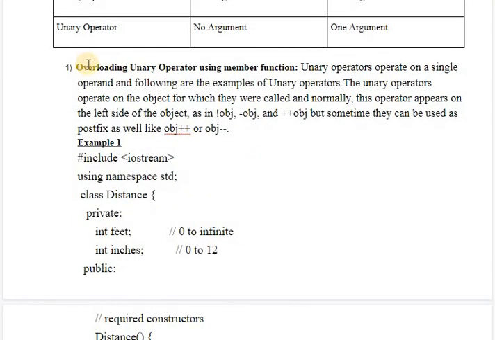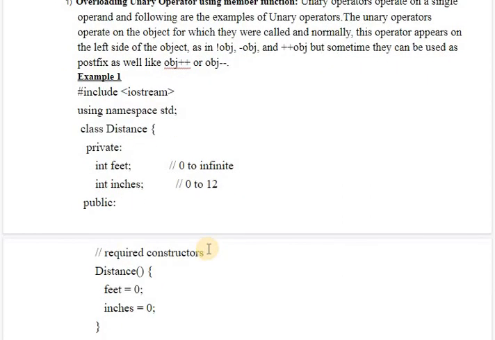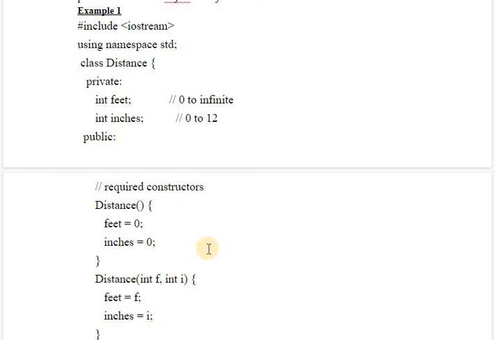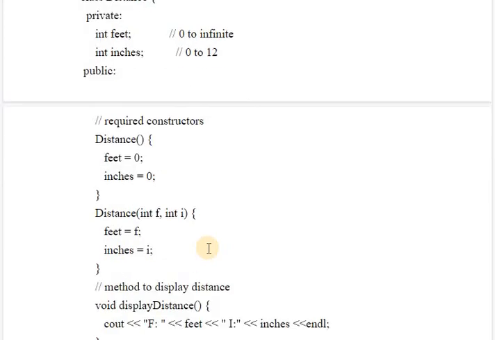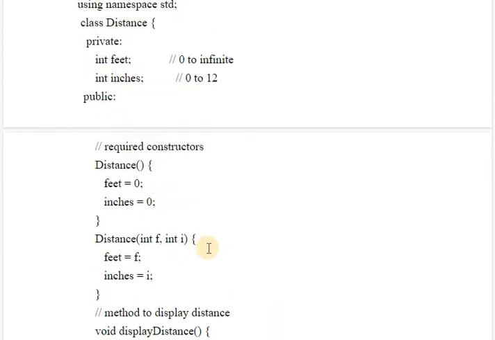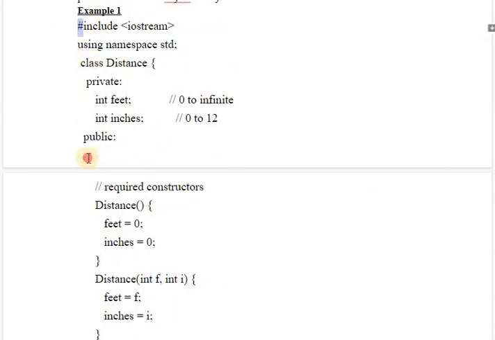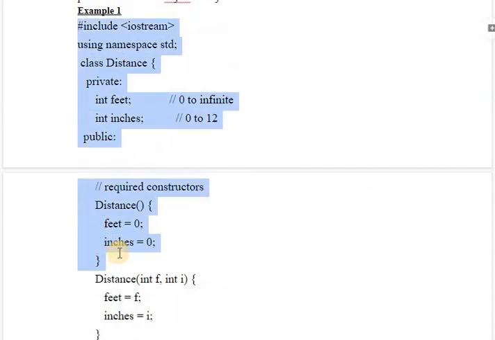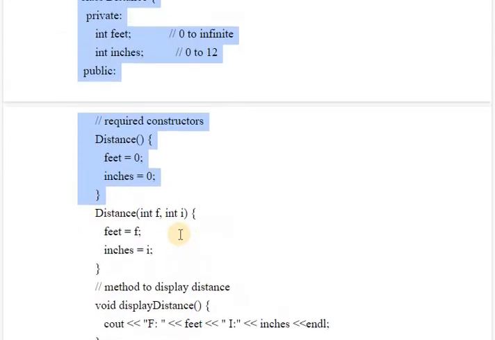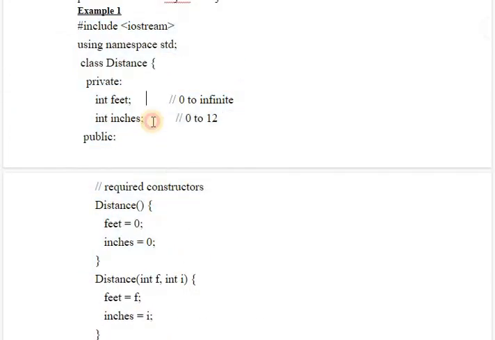So let us start with operator overloading for unary operators using a member function. Note the operators plus plus, minus minus, increment, decrement. All these operators are unary operators. So how we are going to write the definition for this is a simple program. Here we have a class Distance, with feet and inches as two data members.